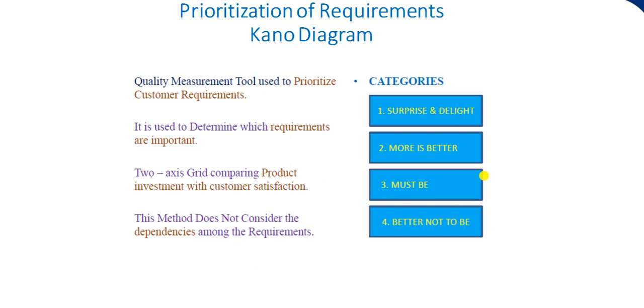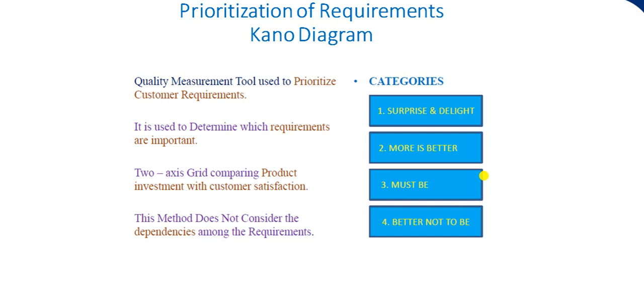Normally here we find four categories. One category of requirements is those which will surprise the customer, which will create some delight in the customer. The other is where the customer would wish more is better. The third category is where the customer would say these must be implemented.